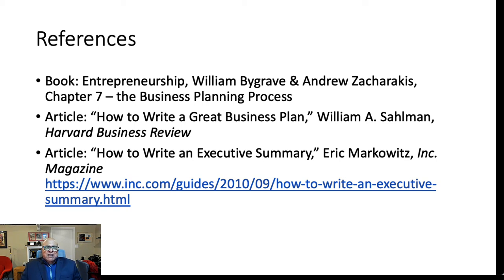And I can make that chapter available to you if you want to read it further. There's also an article, How to Write a Great Business Plan, by William Sahlman, Harvard Business Review. Again, in this particular course, we're not writing a business plan, but there's useful information in both of these documents, and part of it relates to the information that you need to have in your executive summary.